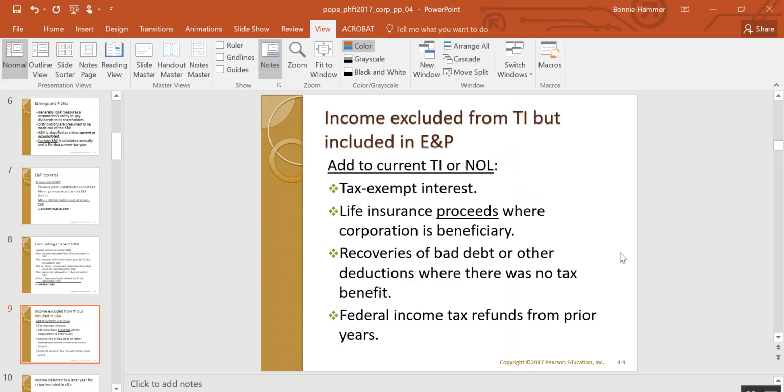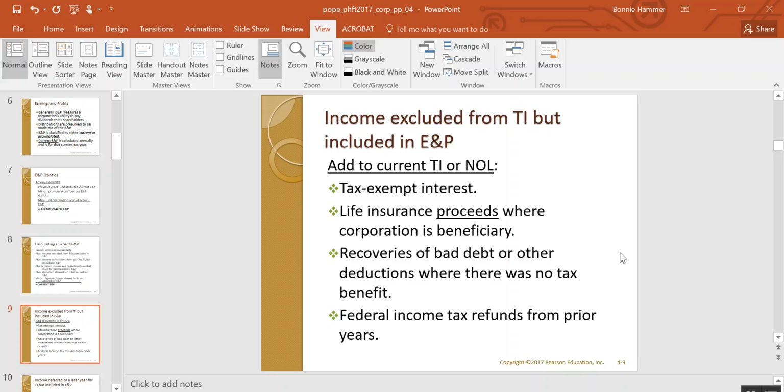Tax-exempt interest, life insurance proceeds where the company is beneficiary. We knew from a previous chapter that both of those are permanent, non-taxable amounts, right? They're permanently non-taxable. Recoveries of bad debt where there was no tax benefit, and federal income tax refunds.